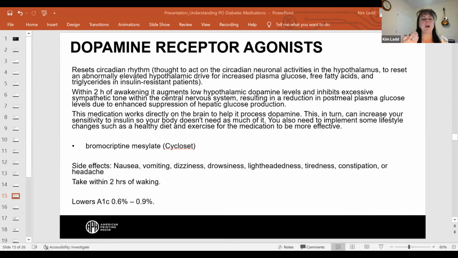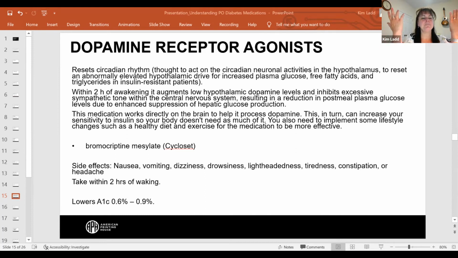So within 2 hours of awakening, it augments the low hypothalamic dopamine levels and inhibits excessive sympathetic tone within the central nervous system, which results in a reduction of post-meal plasma glucose level due to an enhanced suppression of hepatic glucose production. So what does that mean?